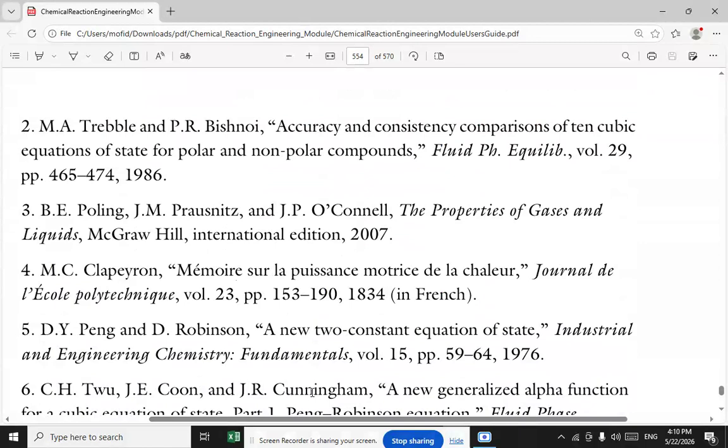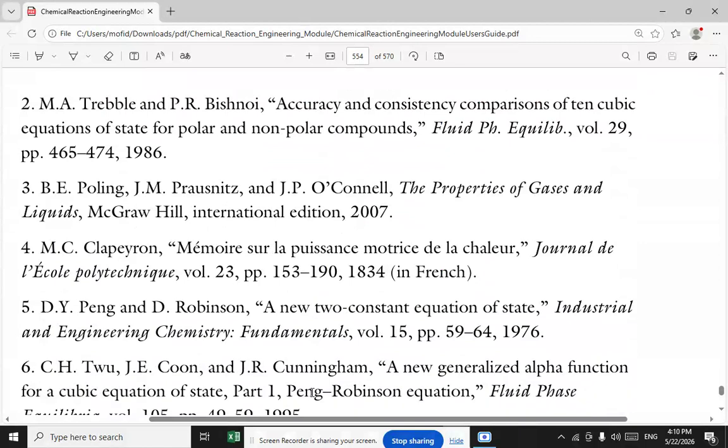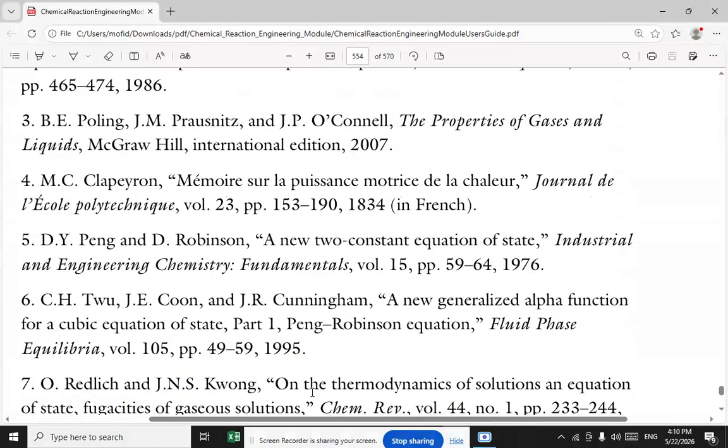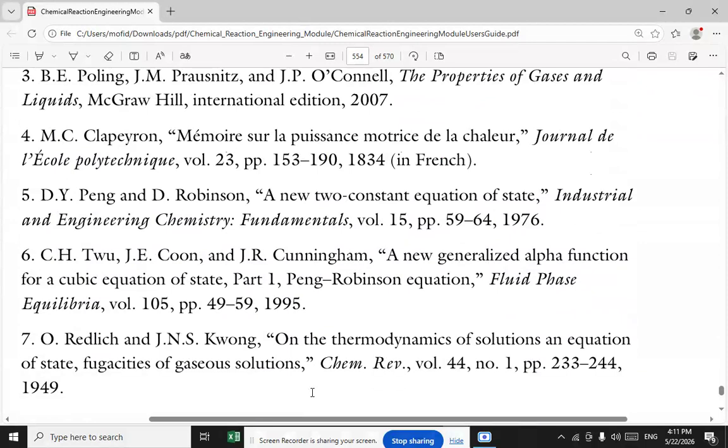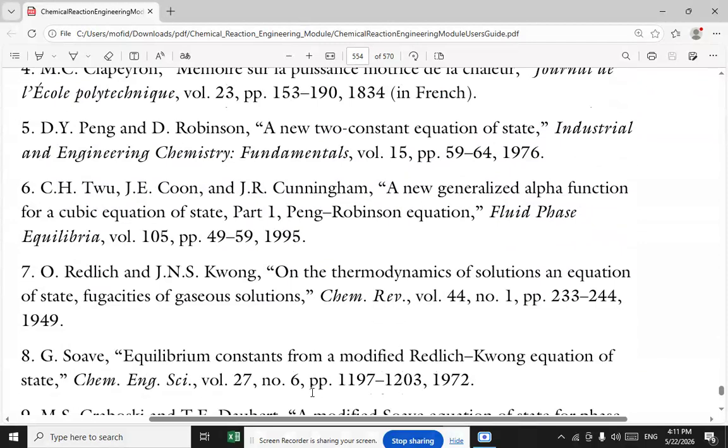Another one was written by Poling, and the name is The Properties of Gases and Liquids. Another was written by Clapeyron, and the name is Mémoire sur la puissance motrice de la chaleur. The next one was written by Robinson, and the name is a new two-constant equation of state.